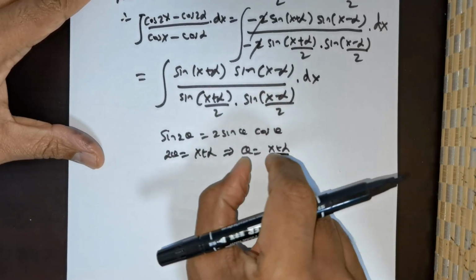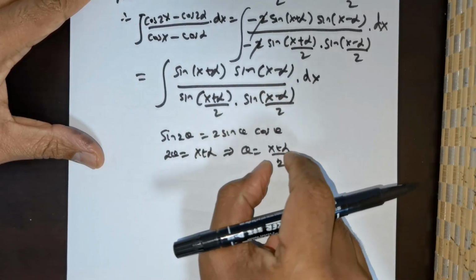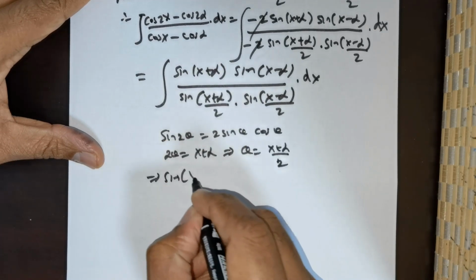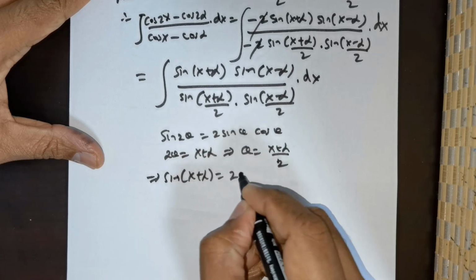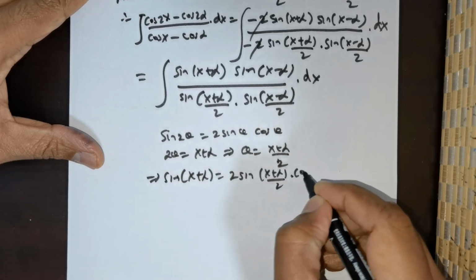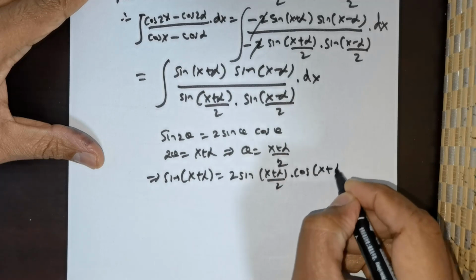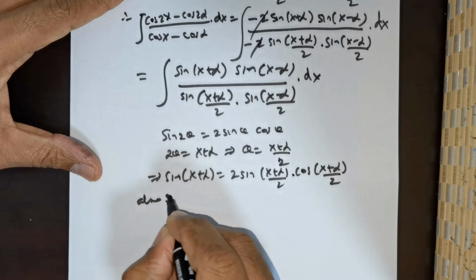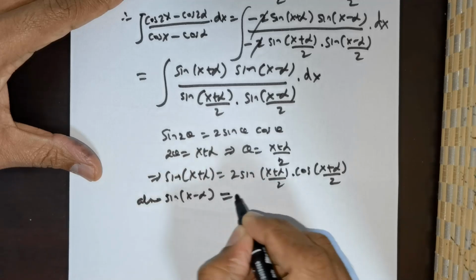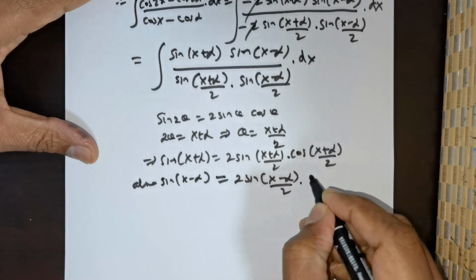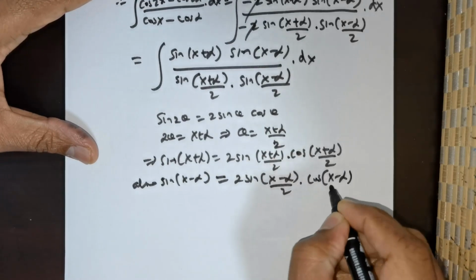So sine of (x plus alpha) is equal to 2 times sine of (x plus alpha) divided by 2 times cos of (x plus alpha) divided by 2. Similarly, sine of (x minus alpha) is equal to 2 times sine of (x minus alpha) divided by 2 times cos of (x minus alpha) divided by 2.